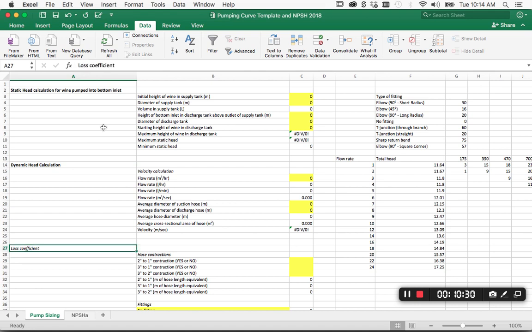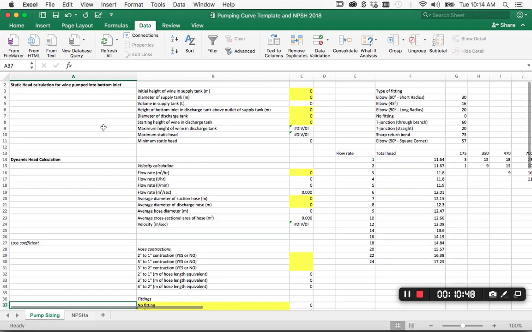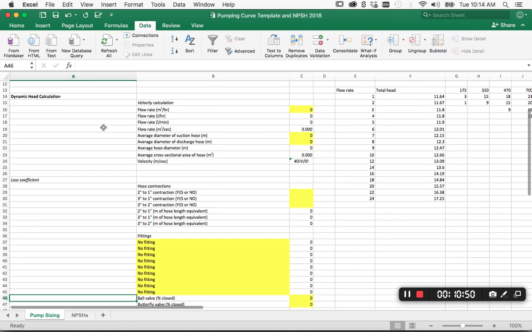All the maths is in the topic 3 notes. The dynamic head due to friction varies depending on the velocity of the liquid due to turbulence. So we actually calculate the velocity of the liquid first. Then we calculate how much loss of kinetic energy is due to the fittings and the type of hose we're using.